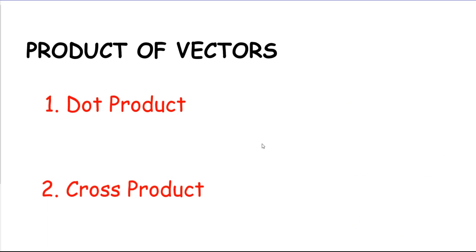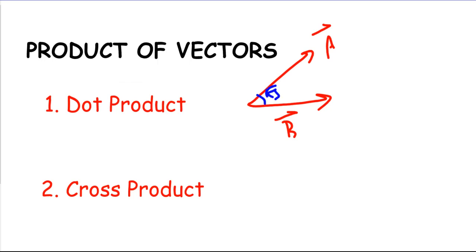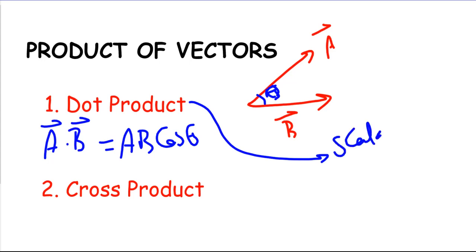If you have two vectors just like that, here is vector B and here is vector A, and the angle between them is theta, we have the dot product written like that, A dot B, and it's going to be A B cosine theta. The dot product, remember, produces a scalar quantity.